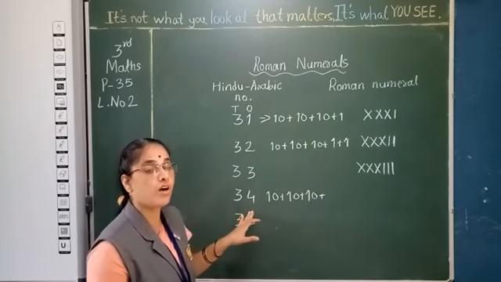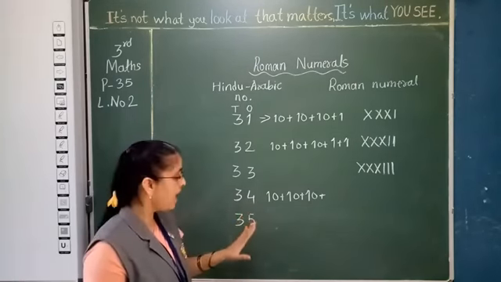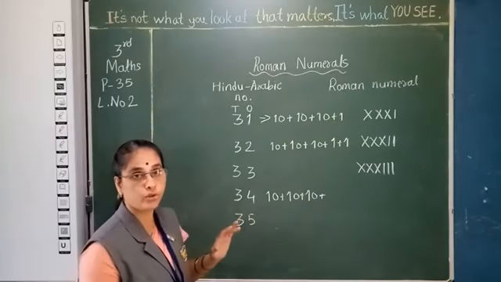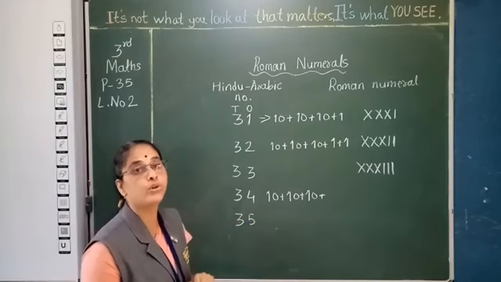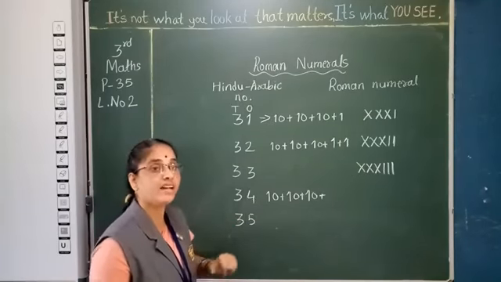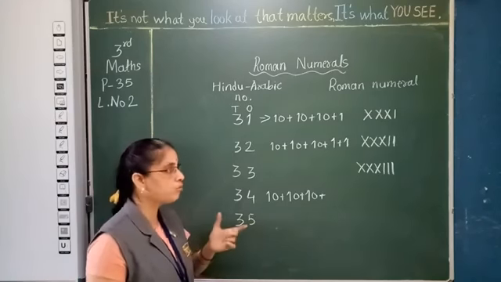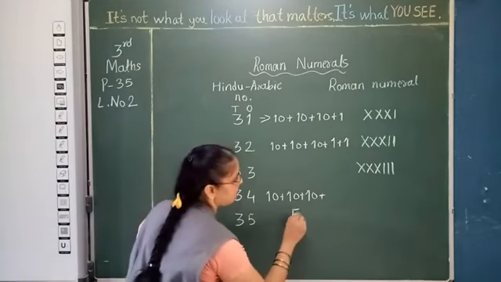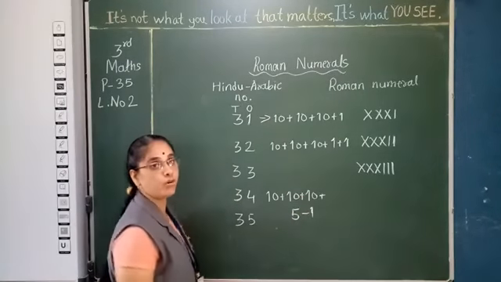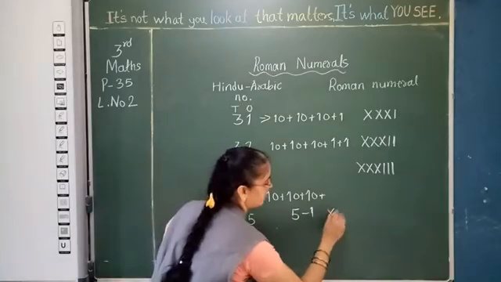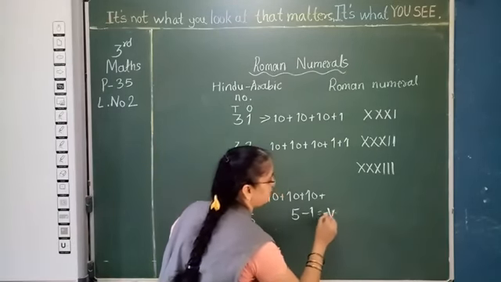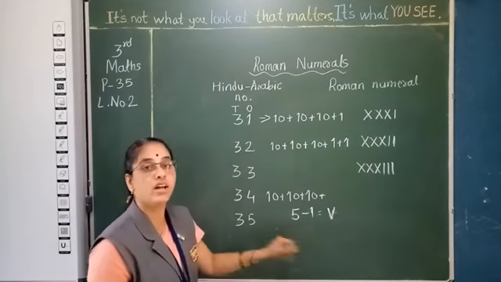As you know, how do you find the number 4? 4 is the predecessor of 5. So what I told you is, from 5 you subtract 1 so that you get the answer 4. How are you going to represent that using Roman numerals? See, 5 minus 1. Correct? For 5, which symbol are we using? X. Oh, sorry. For 5 we are using V. And for 1, which symbol?